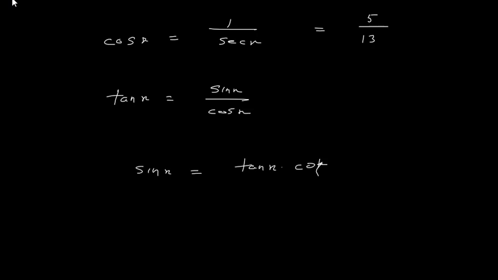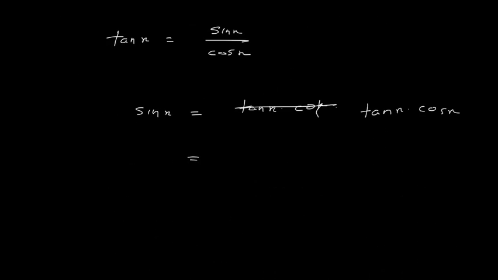So minus 12 upon 5 into 5 upon 13. This 5 will cancel, and I have minus 12 divided by 13 as the value of sin x.